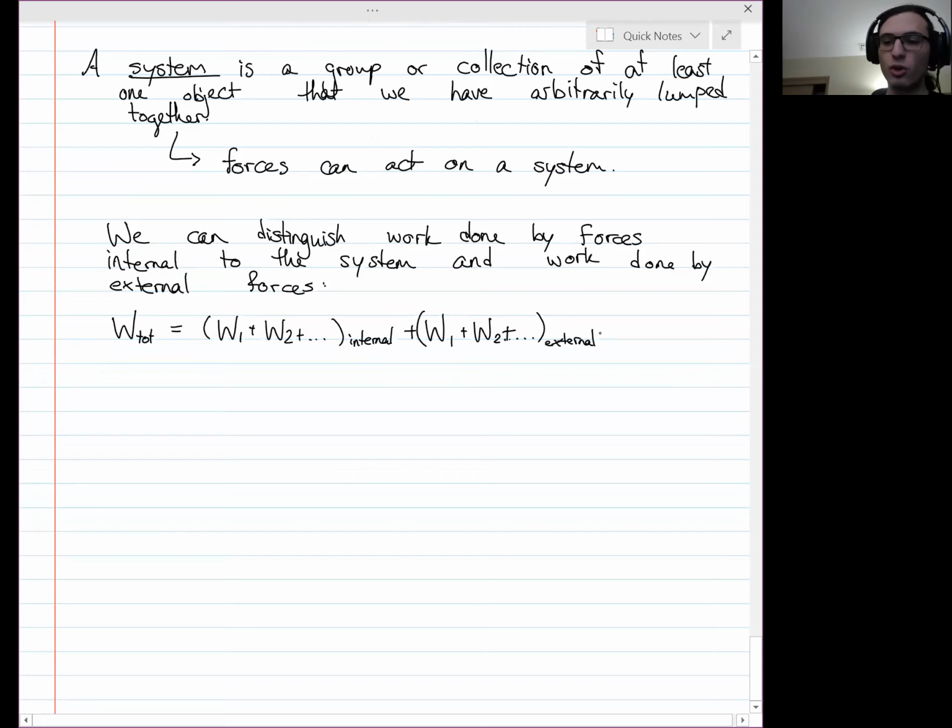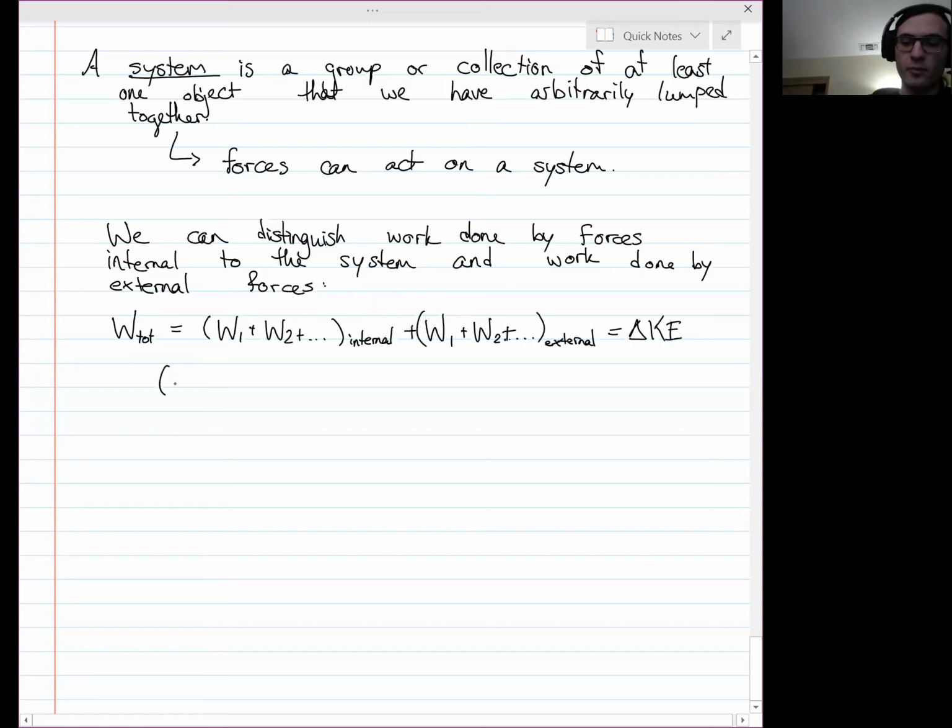And we know that the total work is just equal to the change in kinetic energy. So we now have an equation relating the total work done by internal forces, the total work done by external forces, and the change in kinetic energy. And for reasons that I'll discuss in a little bit, we can rearrange this.